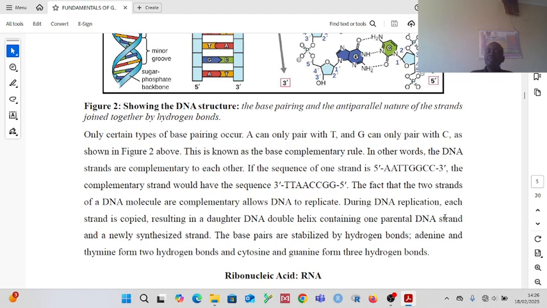So now you end up with a complementary strand, but the difference is in the polarity, the anti-parallel nature of the complementary strand. Okay?